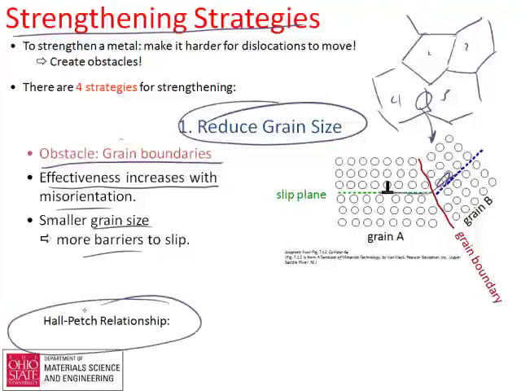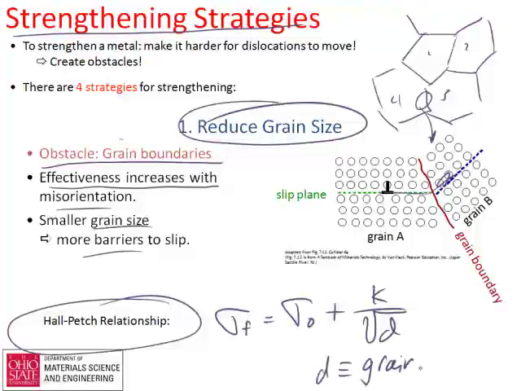And this is governed by something called the Hall-Petch relationship, where we can usually say the flow strength of the material is equal to some initial strength plus some constant K divided by the square root of D, where D is your grain size, and that would be roughly that dimension there on a drawing like that. That would be your grain size.